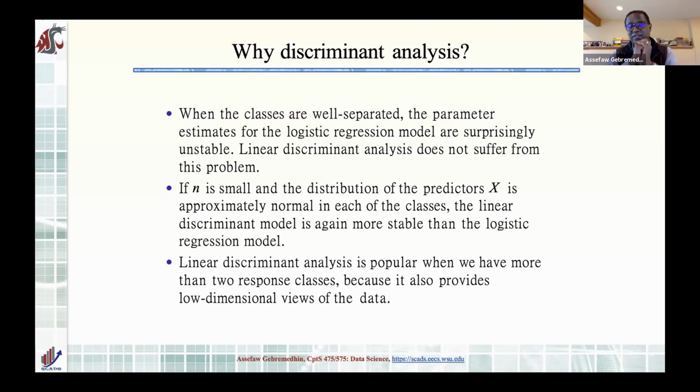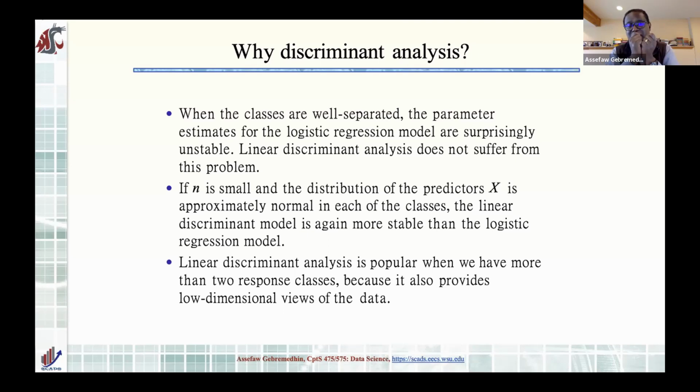So these three, in fact, are a very good summary, and I've wanted to write them in full so that you can come back and look at them. You can also read in the book if you want more explanations on each one of these. But what are the things that logistic regression could suffer from that linear discriminant analysis, which is based on the probability relationship I just showed you, would solve? First, logistic regression, when the classes are well separated, the parameter estimates you would get, the betas in your logit function, could be very unstable.